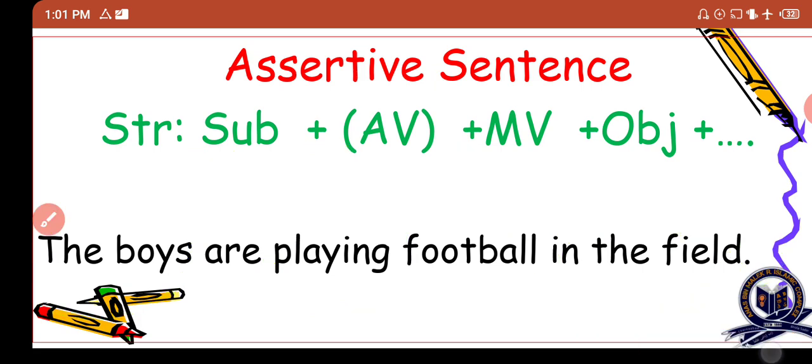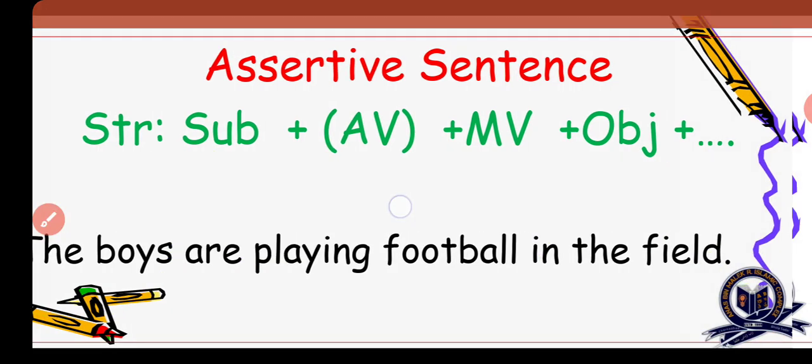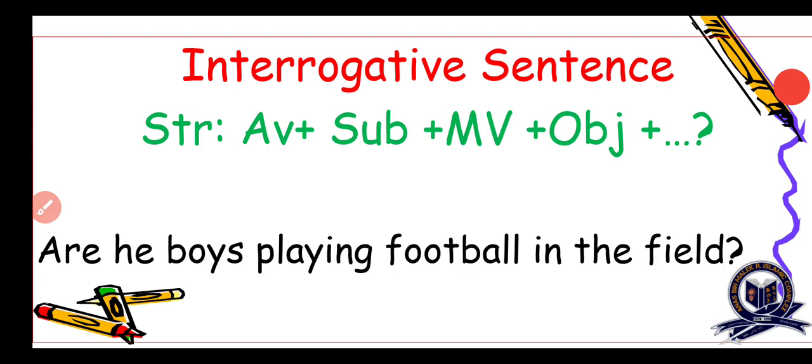Now we will look into the structure of an interrogative sentence. It will start with an auxiliary verb, but there is another interrogative sentence pattern which starts with WH words.